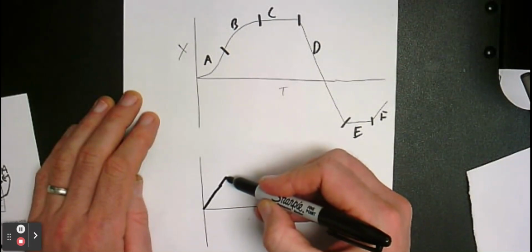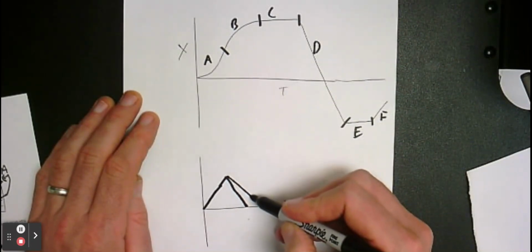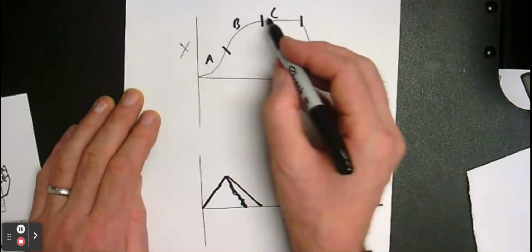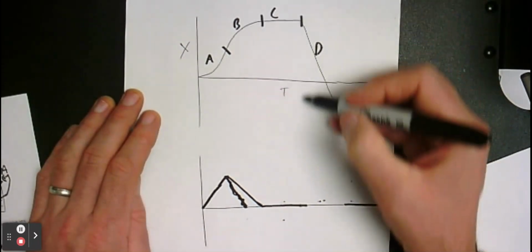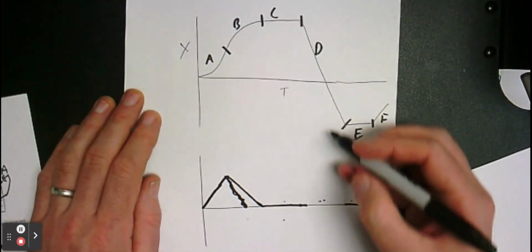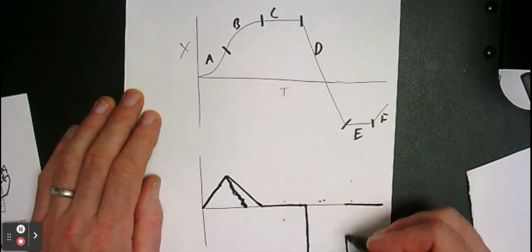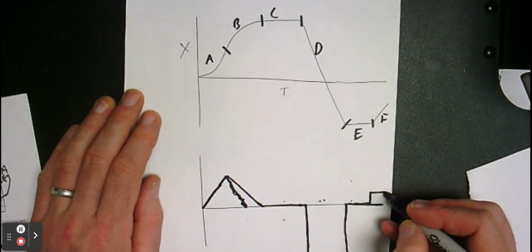So then it goes back down, and it gets a little like, line that up. Here's that. And then at C, it stops. Then at D, it has a pretty steep constant negative. So it stops for a little bit, then it's constant positive.